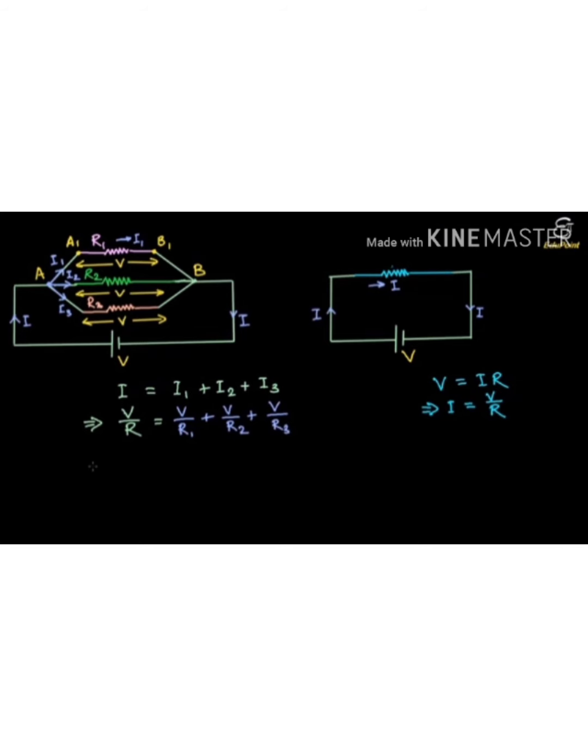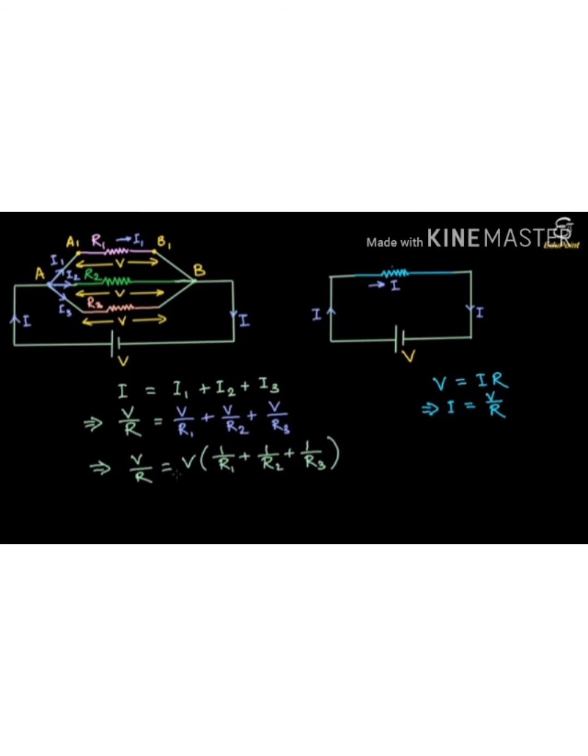Okay. So in this equation, what is common? V is common. V by R is equal to, take out the common V, into 1 by R1 plus 1 by R2 plus 1 by R3.